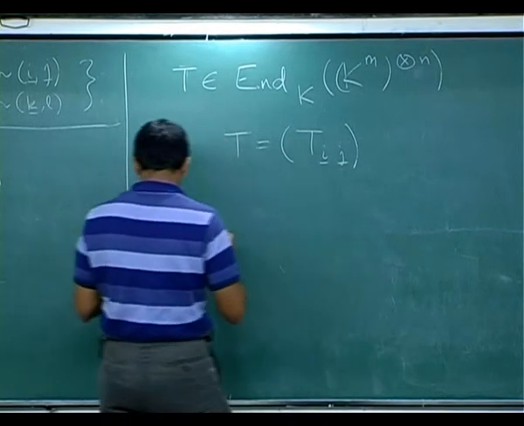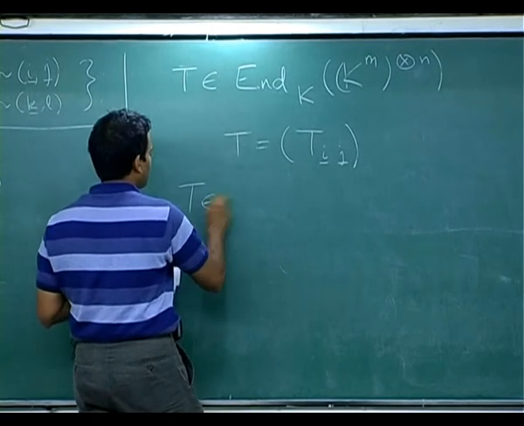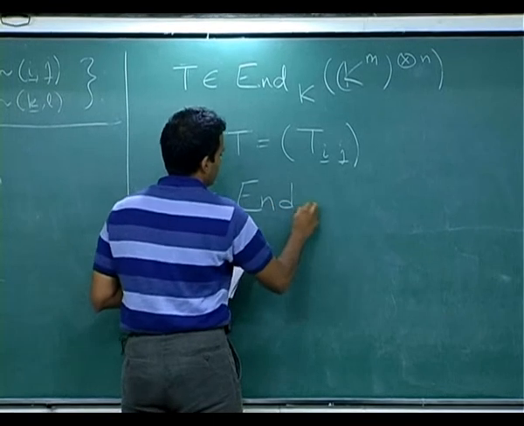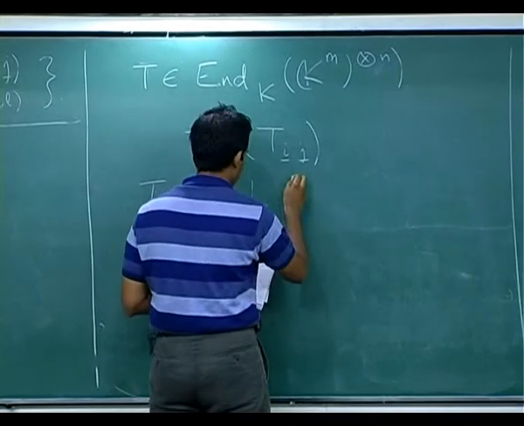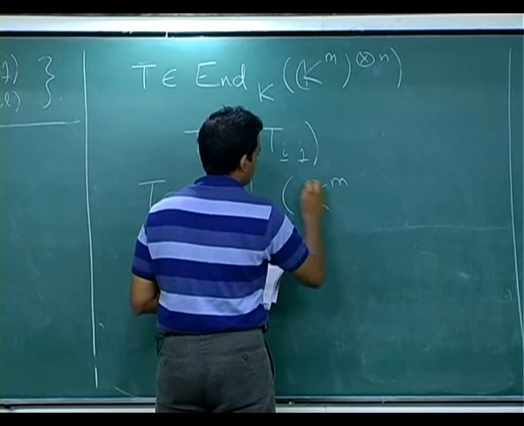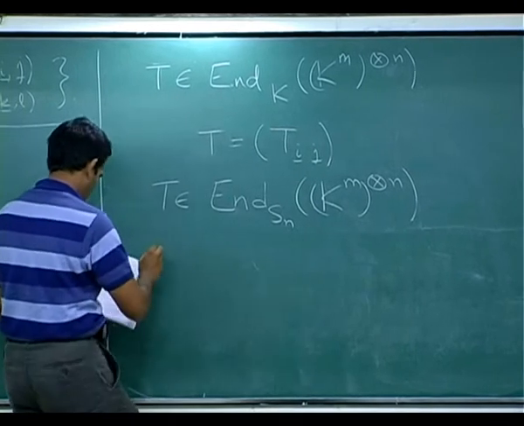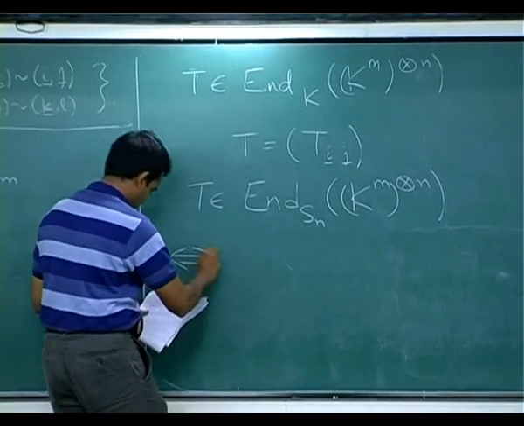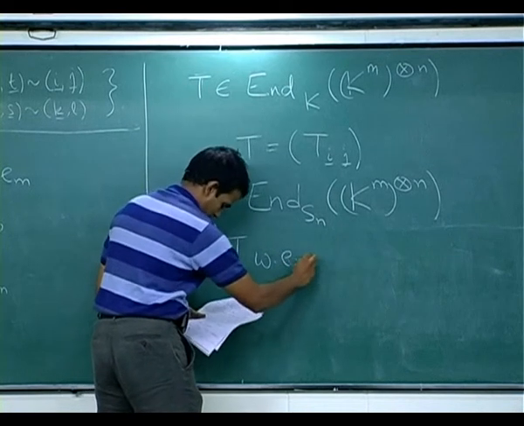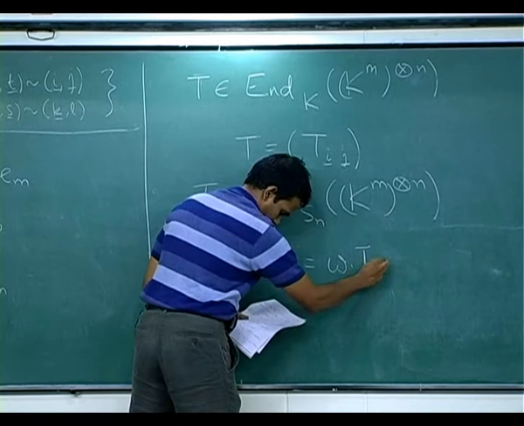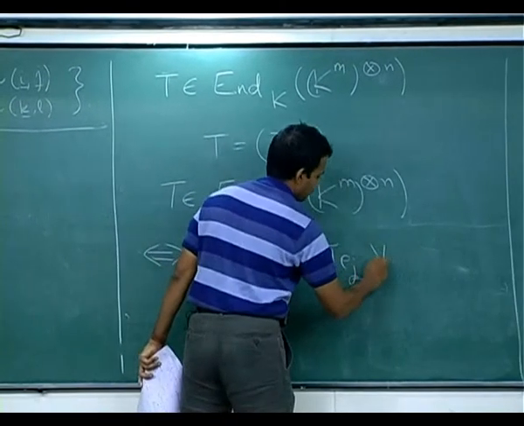This is just the matrix notation, and one easily checks that T commutes with the symmetric group action if and only if, well, okay, by definition T of W dot E_j is equal to W T E_j for every multi index j.